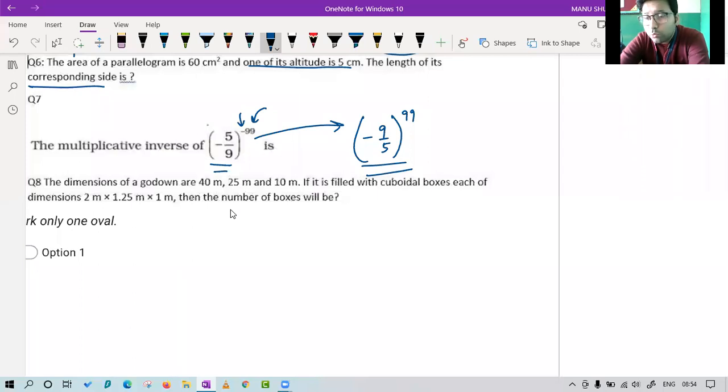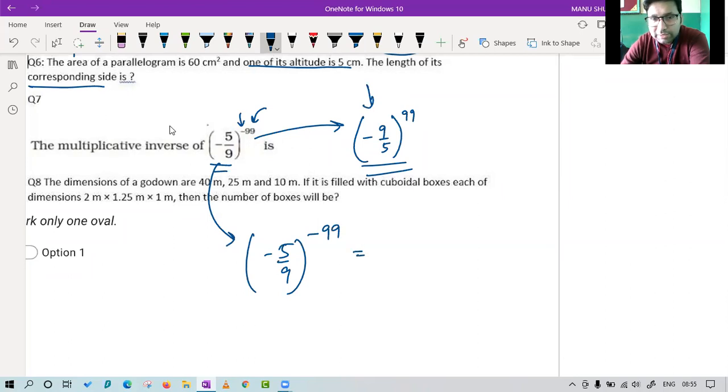Yes. Now we have to find the, oh, Harshul, you are saying no. Then please try to understand. The power here is minus 99. We will reverse. I'm not saying this is the answer, I am saying this is the question. Harshul, please see, the question was this one. We can say it can be written as minus 5 power minus 99 upon 9 power minus 99. Is this correct, Harshul?